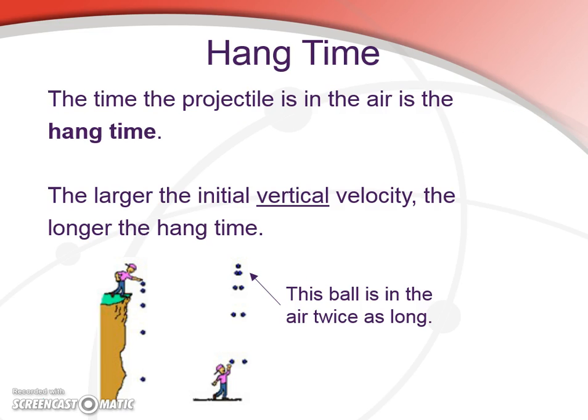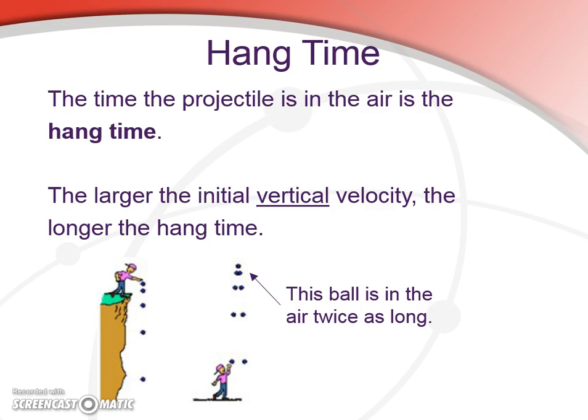Now, the duration of the experiment actually has its own term. It's called the hang time, the amount of time the projectile is in the air. And we can say that if we're firing something into the air, the higher the initial vertical velocity, the longer the hang time will be.